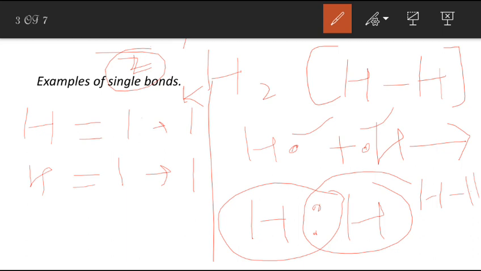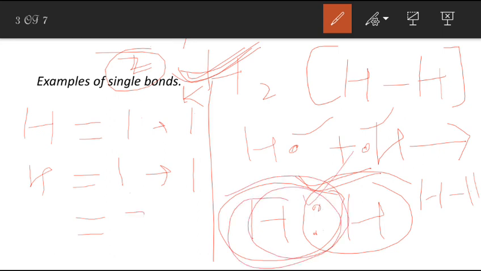At first only one electron was present in their K shell, but when they reacted with each other, this hydrogen atom becomes stable, it contains two electrons, and this hydrogen atom also becomes stable, it contains two electrons.